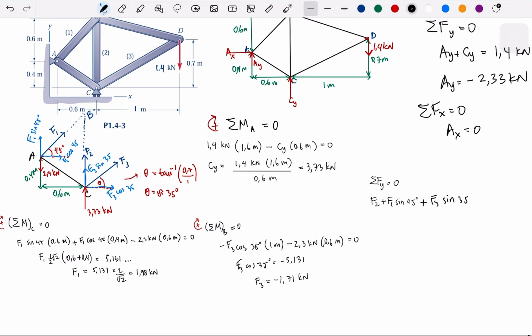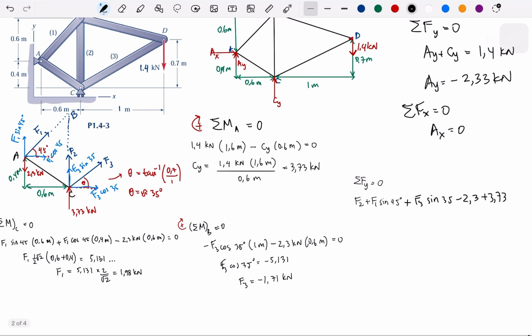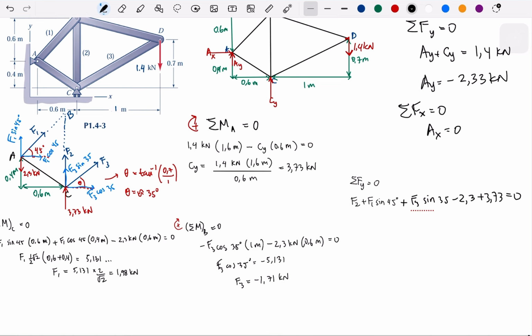And then minus 2.3 plus 3.73 equals 0. Okay, so I think that's all the forces, right? We can compute this part, F1, F3, with the sine, each one of them, and put in the calculator, and we get the F2, okay?